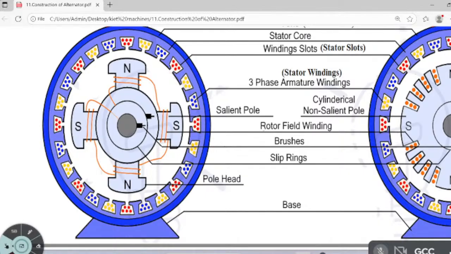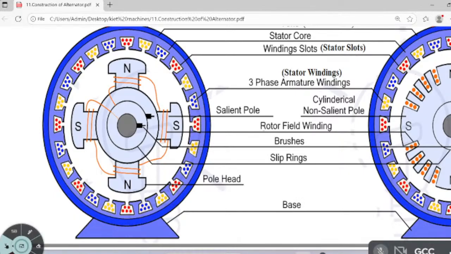DC is not required, so a commutator is not required, and brushes are not required. First thing, the stator consists of stator conductors, known as the stator winding, which is three-phase. That's all. There is no pole shoe.